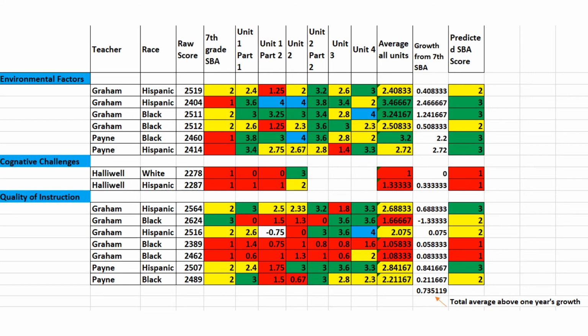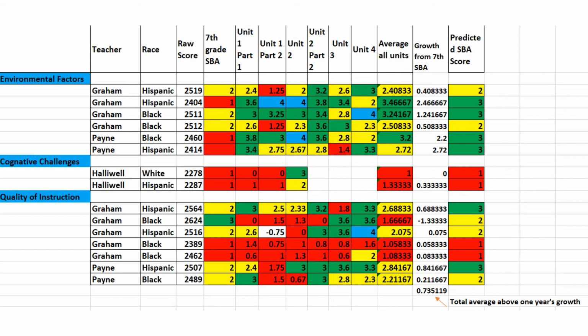So when you look at this first student, for example, 2.4 is an average of every grade they got on this test. There were 5 standards, so I averaged those grades together to get 2.4, and so on and so forth. If you look at this column here, this is the general average of all of the units put together.